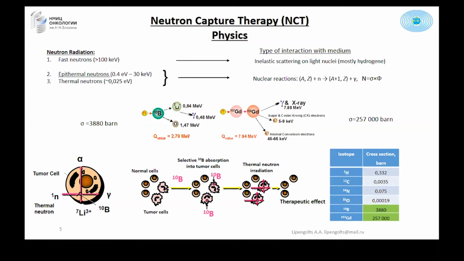That makes neutron capture therapy an extremely selective method of killing tumor cells. And if we place boron-10 nuclei only in tumor cells and irradiate all these cells with thermal neutrons, then only cancer cells will be killed and the therapeutic effect achieved.